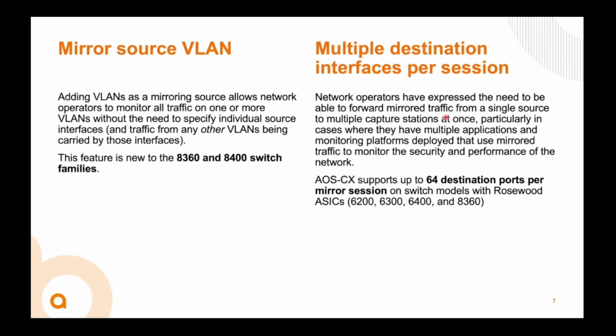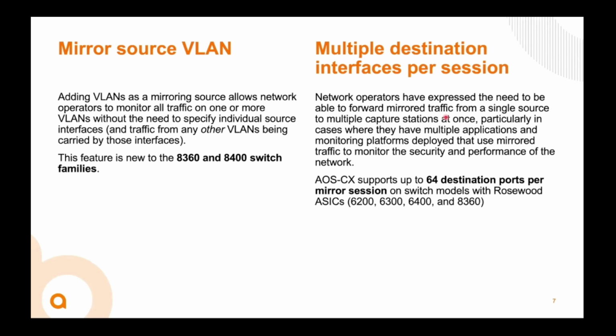Multiple destination interfaces per session. We have had customers specifically requesting the ability to forward mirrored traffic from a single session to more than one destination interface. In some cases there are customers who are using an application or multiple applications that need to take the same mirror source traffic and then send it out to multiple platforms that are being used for network monitoring purposes.